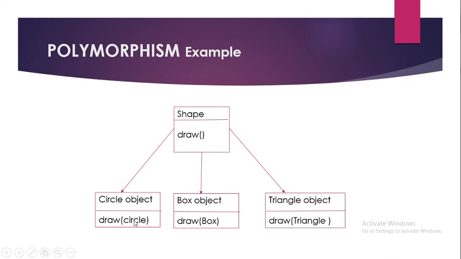For every draw function the code is different, and that's why from the circle object I will get a circle, here I will get a box, here I will get a triangle, because the code is different. So it is called external structure the same but internal structure different.